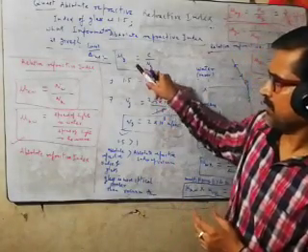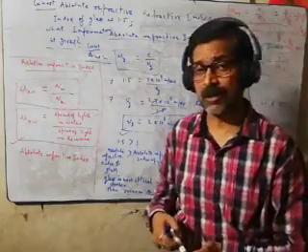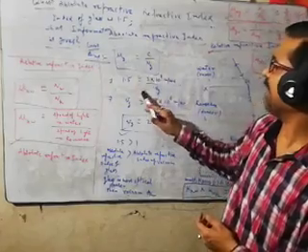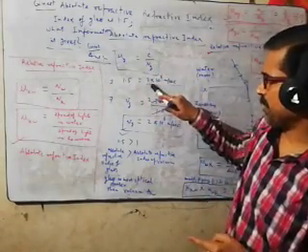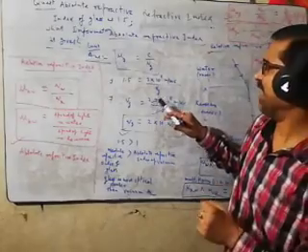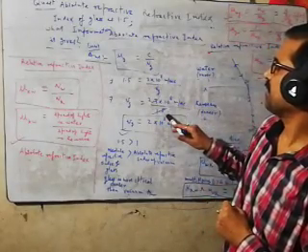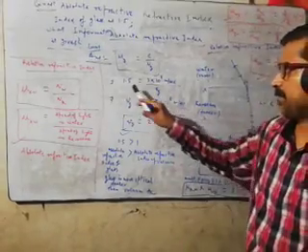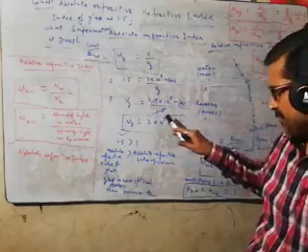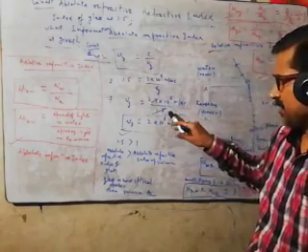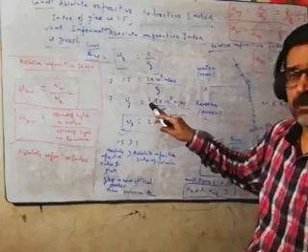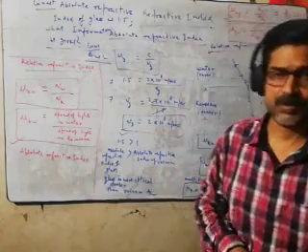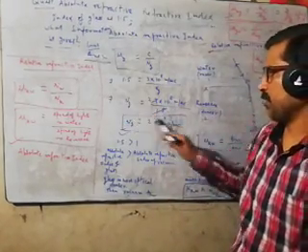So here we write the formula: 1.5 is given, and speed of light in vacuum is 3 into 10 to the power 8 meter per second, and Vg we bring to this side, 1.5 to this side, then cutting, 1.5 gives 2 into 10 to the power 8 meter per second.